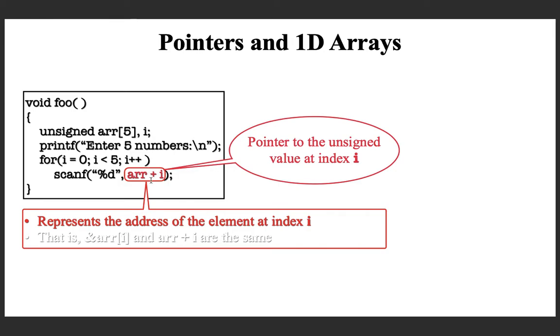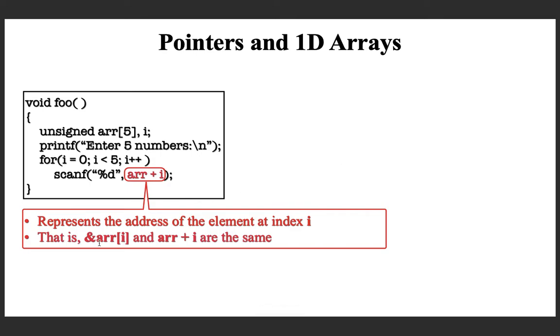So, it is an address of the element ARR I, and hence it is a pointer to the ith element in the array or element at index I. That is, ampersand ARR I and ARR plus I are the same. They both represent the address of the element at index I in this array. So, now this is a pointer notation because it represents the address of that element.